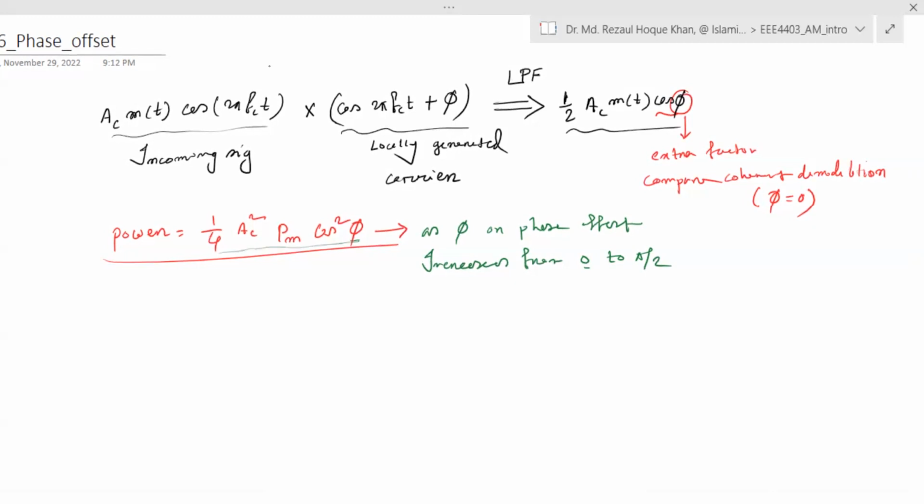So as it increases from 0 to pi by 2, the output power, or the receive power, decreases to 0.